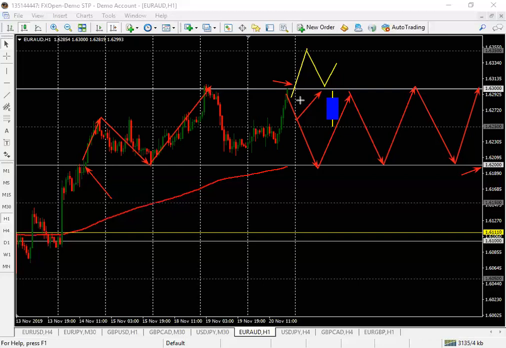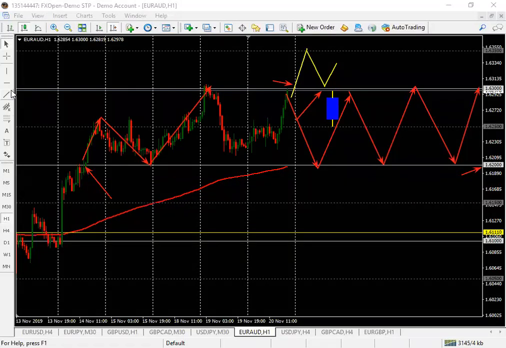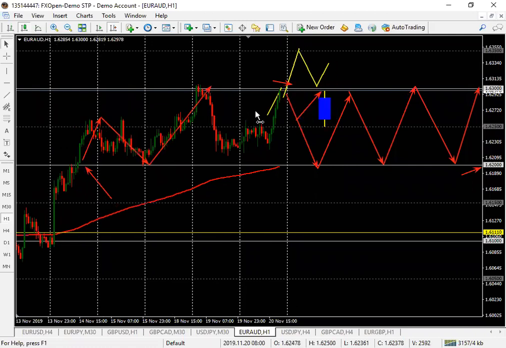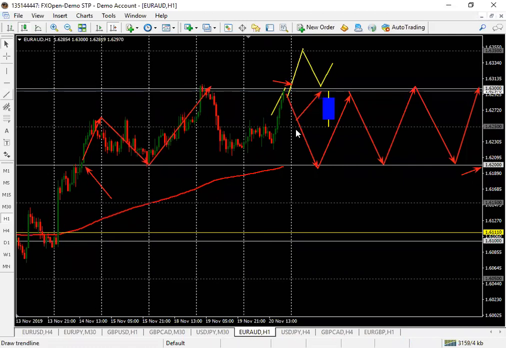Okay, double top or double bottom is similar to, well, it's exactly like M or W. Okay, let me just highlight that M so you can see it. All right, there we go.